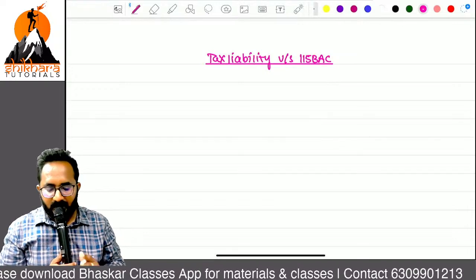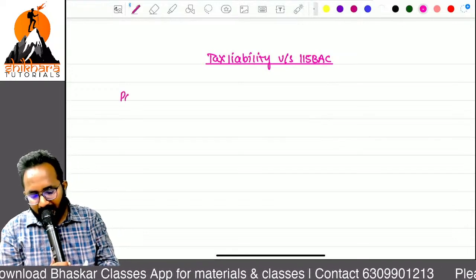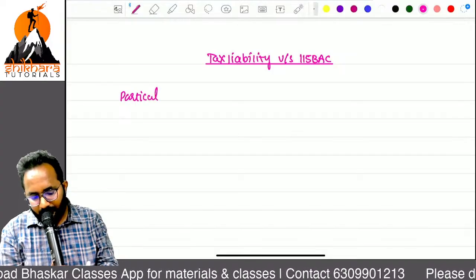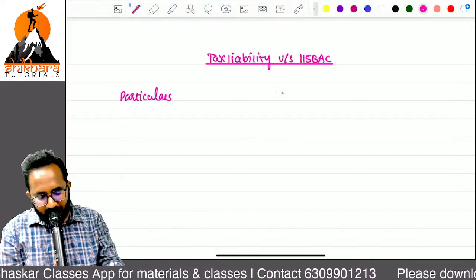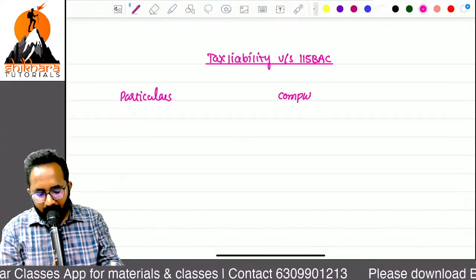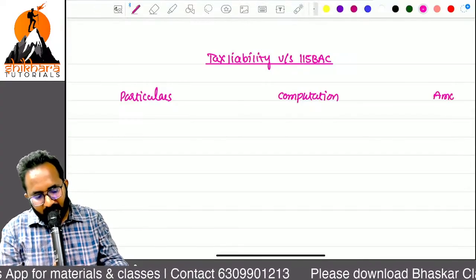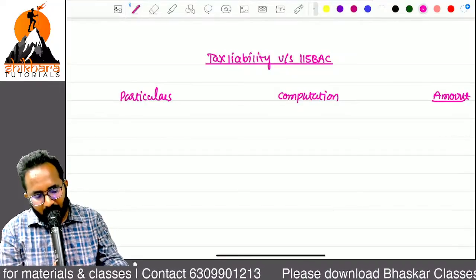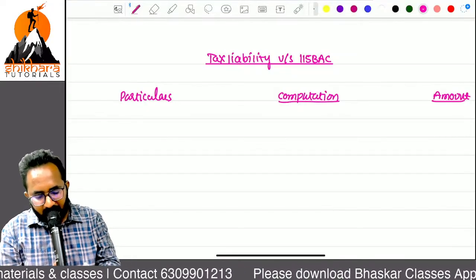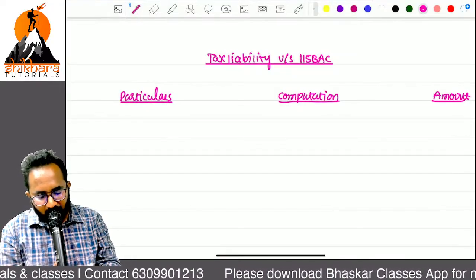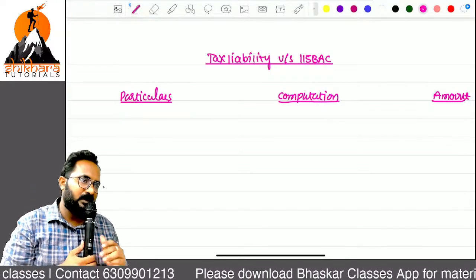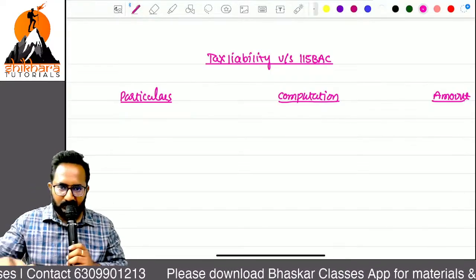Directly you can calculate. What columns can we maintain? Particulars, computation, and amount. Using these 3 columns, please compute the tax liability, including the surcharge and the health and education cess.